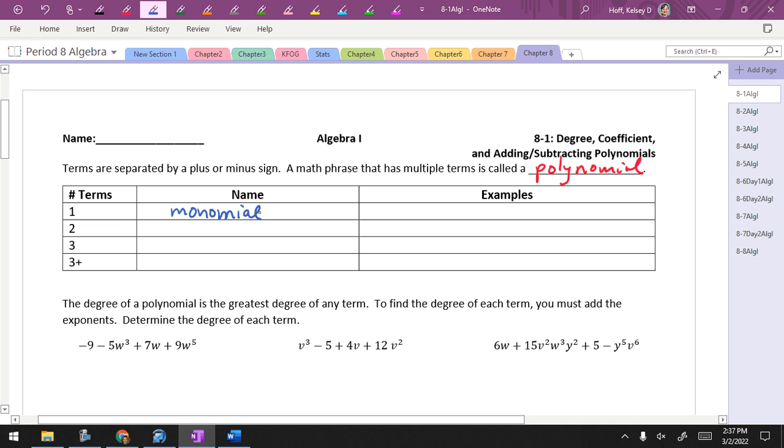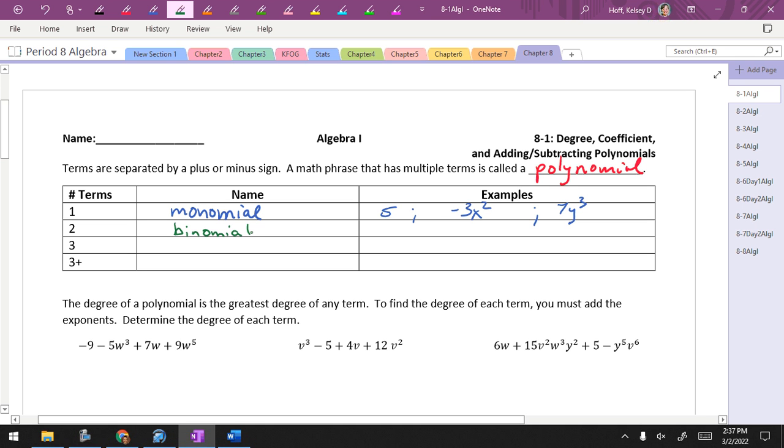Monomial, M-O-N-O-M-I-A-L. An example of that would be 5 or negative 3x squared or 7y cubed. Nothing added or subtracted, just one chunk. Those are 3 separate ones. Does that make sense? Okay. 2 terms: binomial.